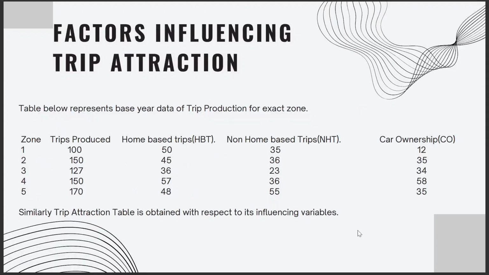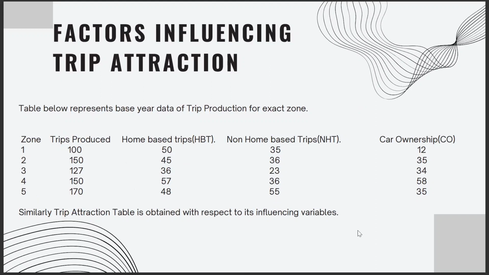Next. So, for the factors influencing trip production, there is a table. In the table, there are zones 1, 2, 3, 4, and 5. In the table we see numbers for trips produced, home-based trips, non-home-based trips, and car ownership.